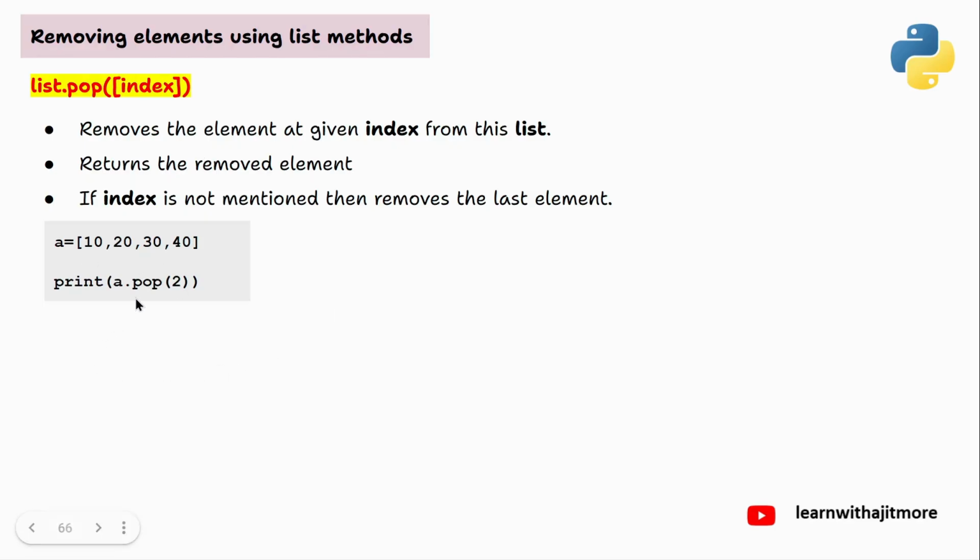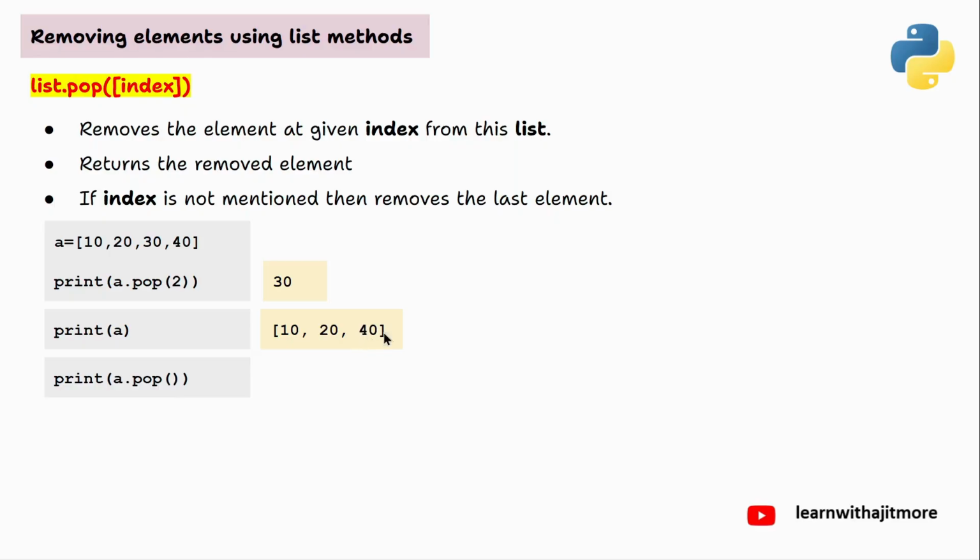Example, see, this is your list. a.pop(2), 0, 1, 2. Who is at 2nd position? 30. 30 is deleted, it returns that. Whichever element is deleted, it is returning, and that returned element you are printing. If you check the list, 30 is not there. Now a.pop and you're not giving any position.